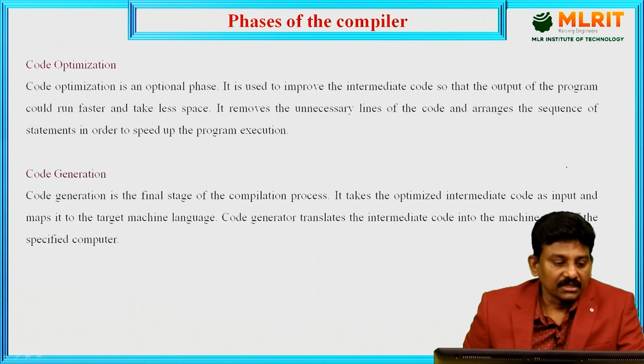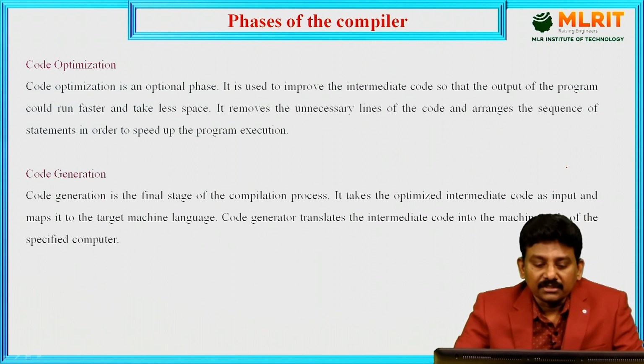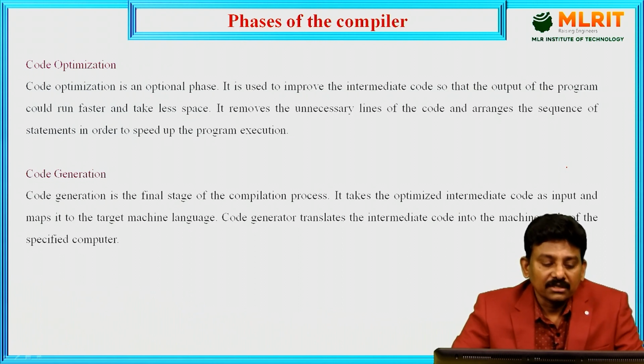Next, code optimization. Code optimization is an optional phase. It is used to improve the intermediate code so that the output of the program could run faster and take less space. It removes the unnecessary lines of the code and arranges the sequence of statements in order to speed up the program execution.